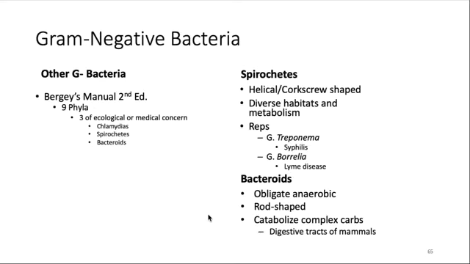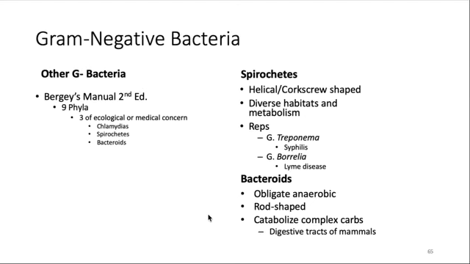And so these are transmitted by ticks. In the western United States, especially in Southern California, the western black-legged tick, also known as Ixodes pacificus, is the vector of this disease.